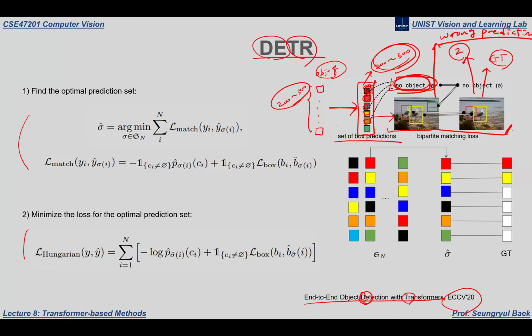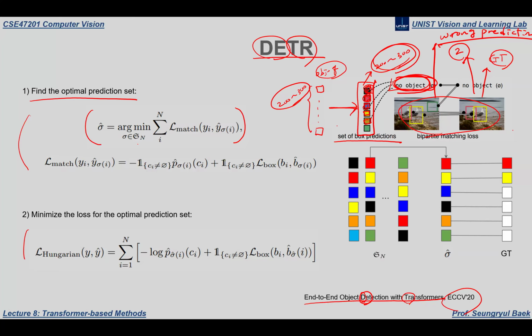But when given only these two sets, mapping these two here and these two here and these two to no object is non-trivial to achieve when given this set of predictions and set of ground truths. Mapping this is sometimes non-trivial. So actually mapping that part is here.